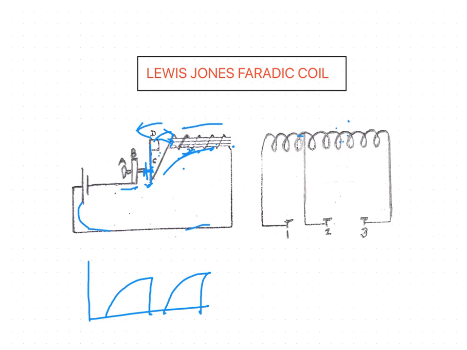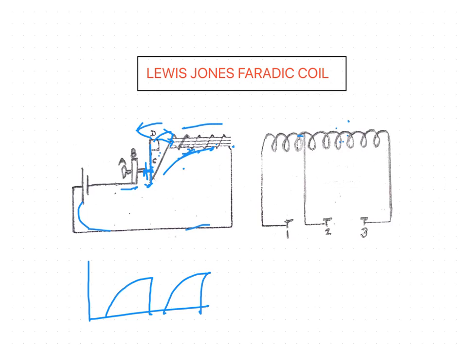Faraday's law of electromagnetic induction states that the strength of the induced EMF is proportional to the rate of change of magnetic field. The primary current rises slowly in intensity, so the magnetic field changes slowly and the induced EMF is small. If the primary current rises fast, then the EMF is also more.